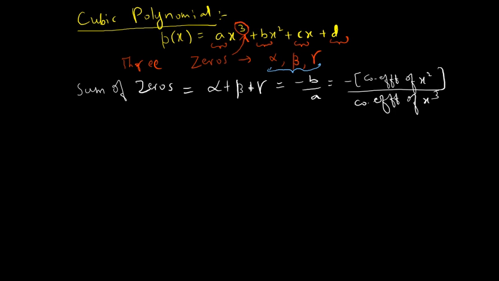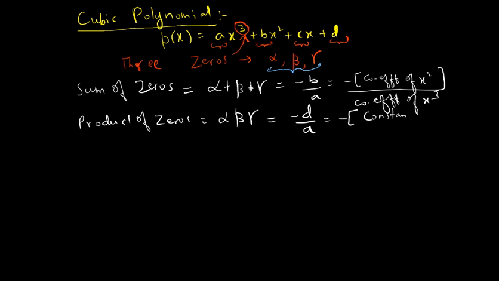This is how I get my sum of zeros. Now let's see the product of zeros. The product of zeros, alpha beta gamma, is given by the formula negative times the constant term divided by a, that is the coefficient of x cubed.